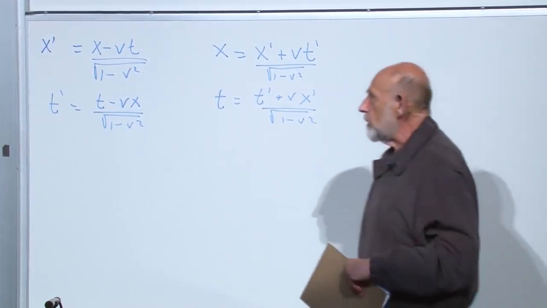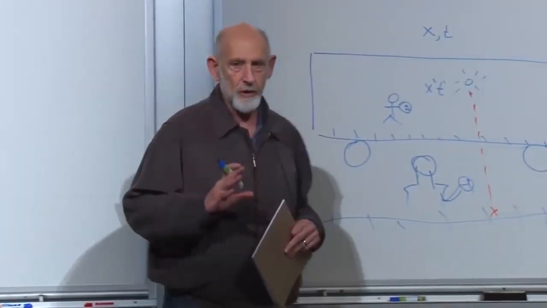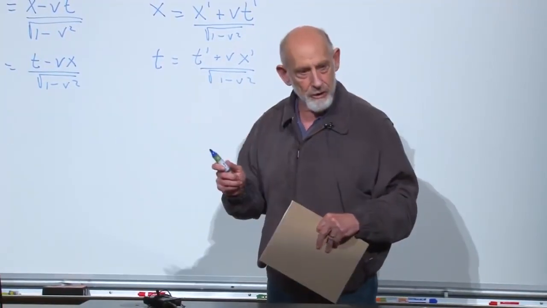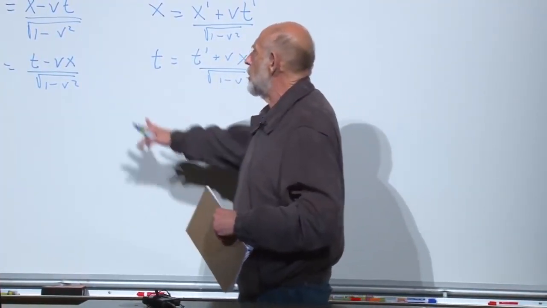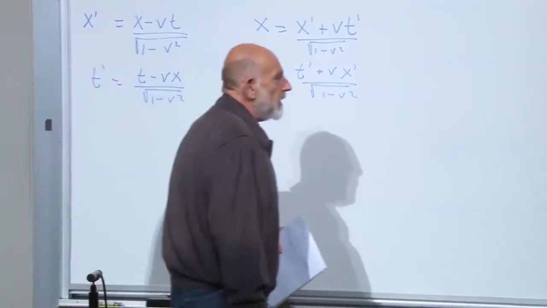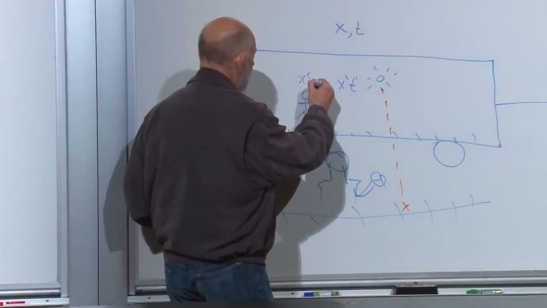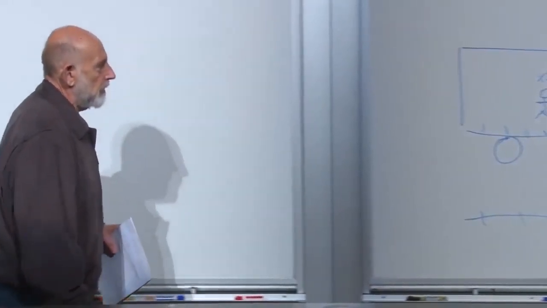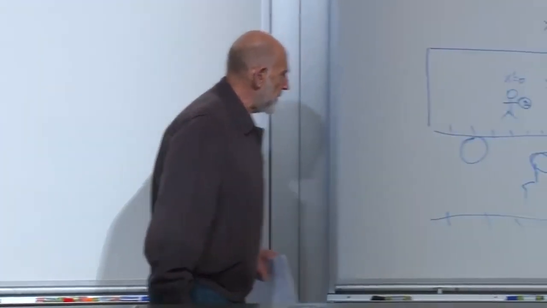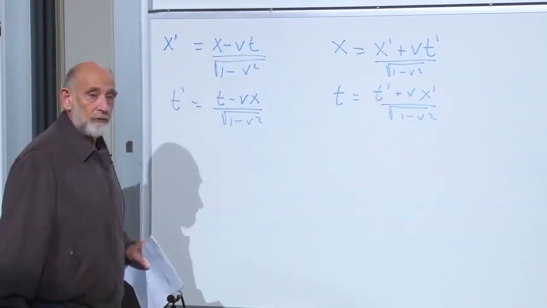You can also read off, if somebody gave you this form for the relationship between the coordinates, what the relative velocity between the two observers is. You look at the x equation here, and you say the moving observer's coordinate is x prime equals 0, right at the position of the origin of coordinates inside the train. x prime equals 0 corresponds to x equals vt.